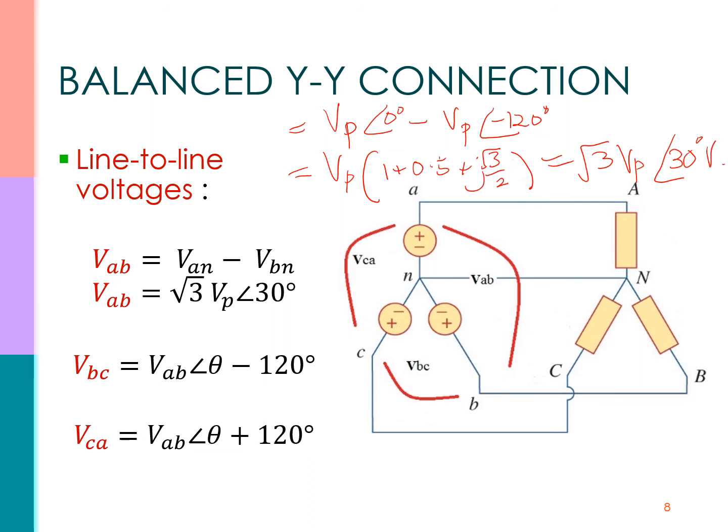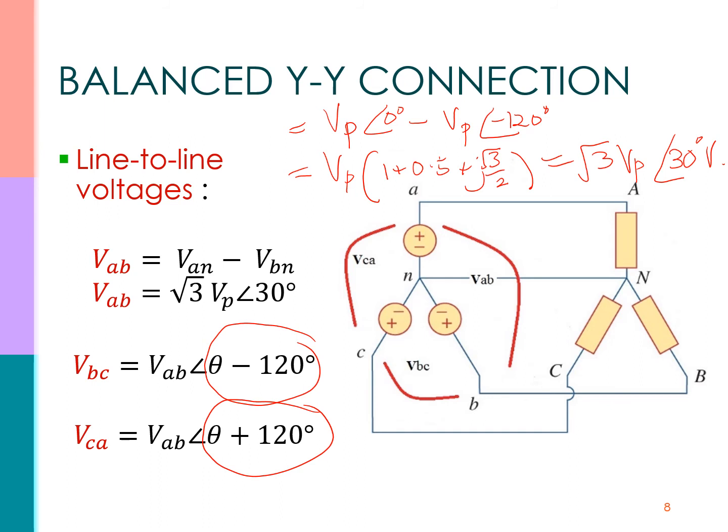Similarly, we can obtain VBC and VCA, where the angles for VBC and VCA are minus 120 and plus 120 degrees.